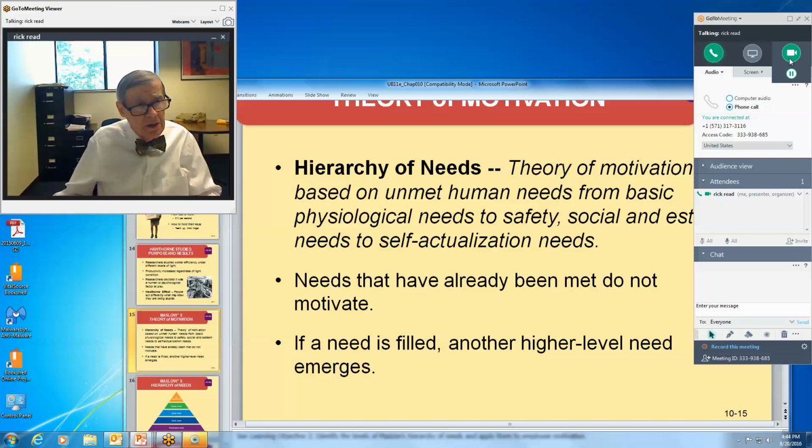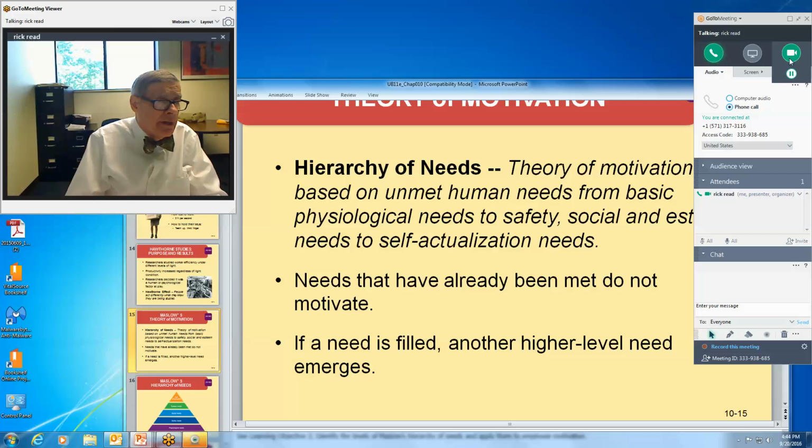And what Maslow is saying here is that people have different levels of needs. At the most basic level, it's the person's need for basic survival needs, as mentioned in the text. That's food and water and things of that nature.